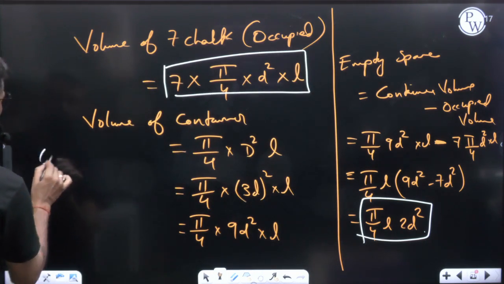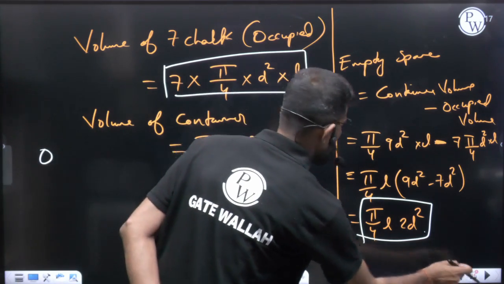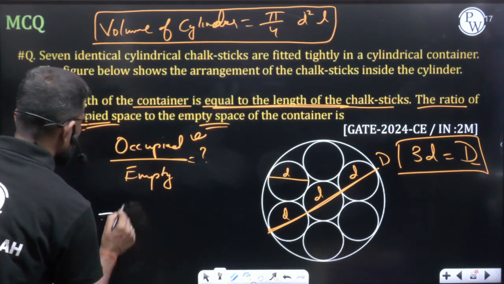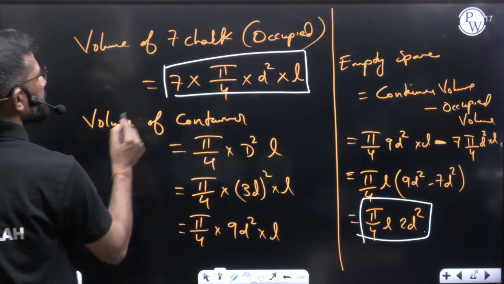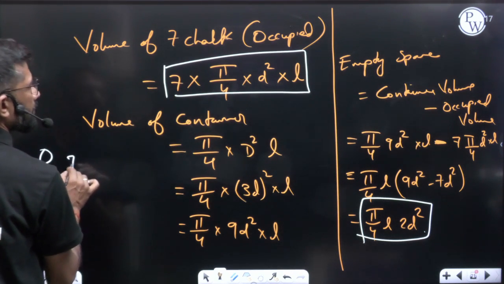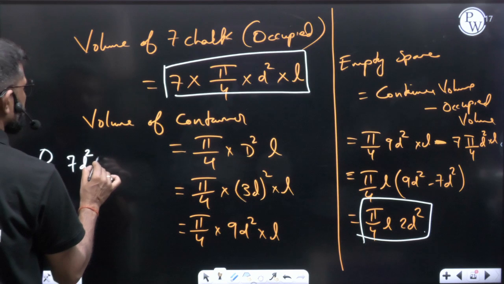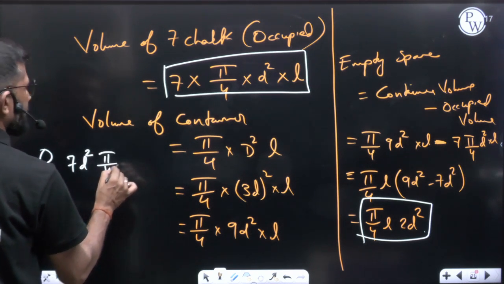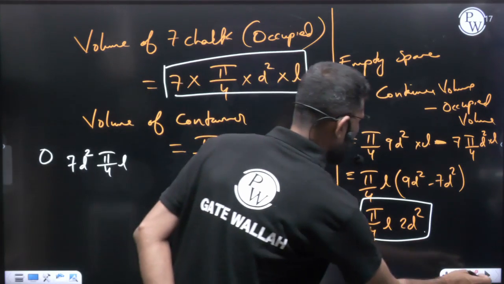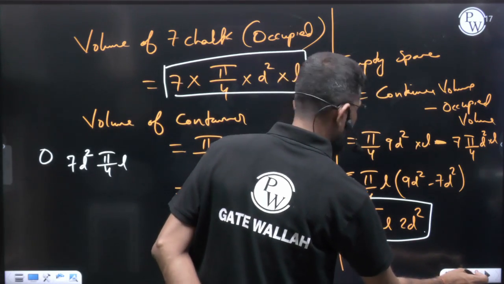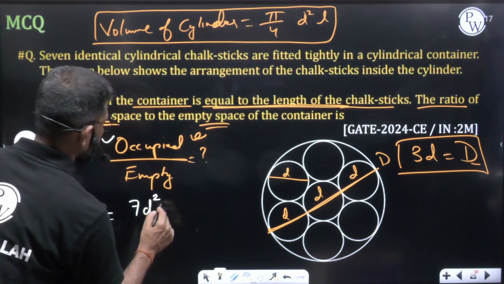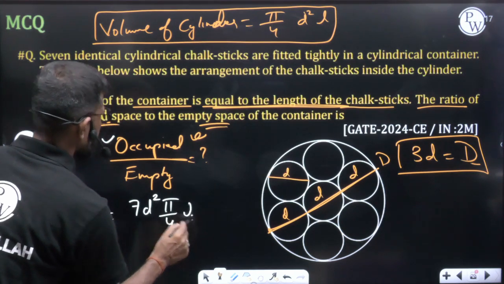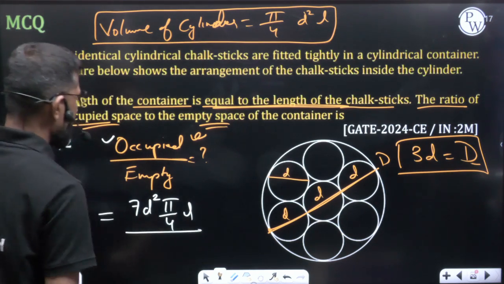So they have asked us occupied space by empty space. Occupied space is coming as 7d square pi by 4 L. This is occupied, divided by empty.